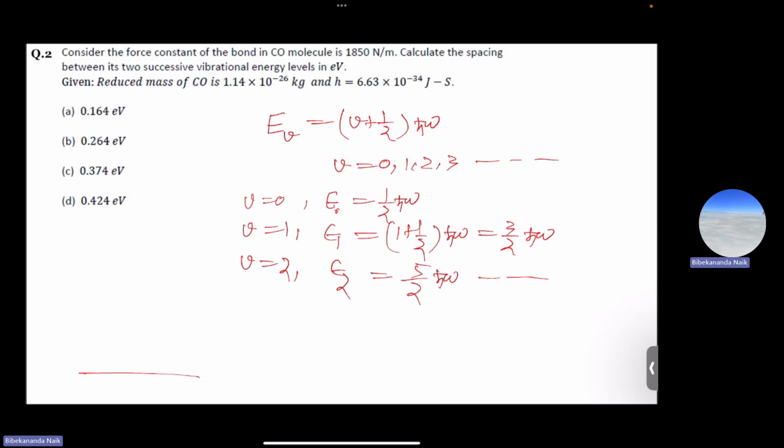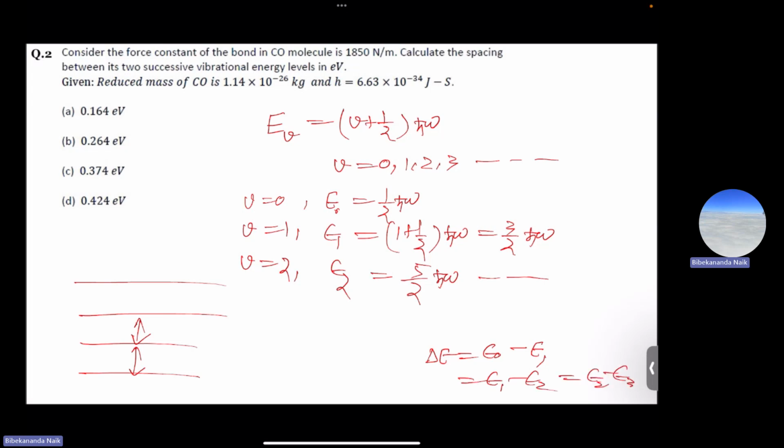So the levels are arranged like this only, and all the levels have equal spacing, because E1 minus E0 is equal to E2 minus E1, and again it is equal to E3 minus E2, because it is only increasing with a value of h bar omega. Half h bar omega, then 3 by 2, 5 by 2, like that only.